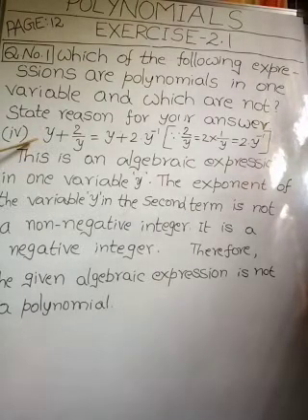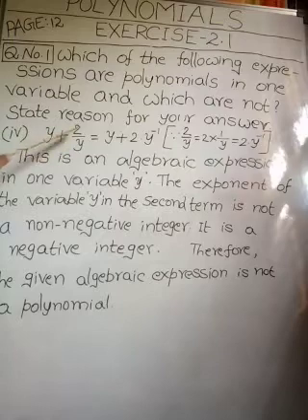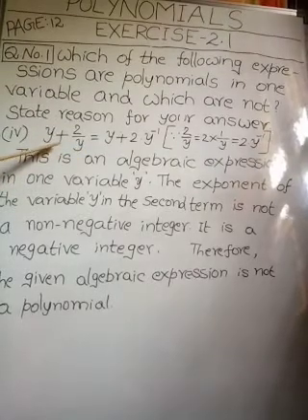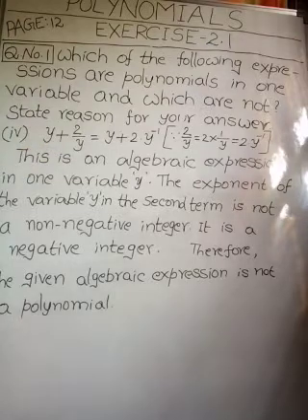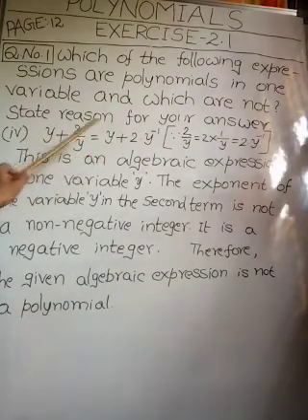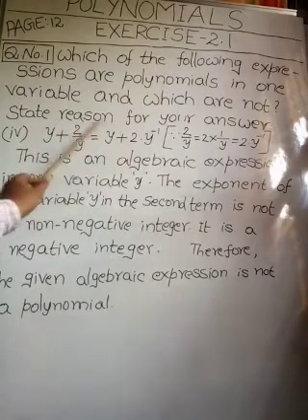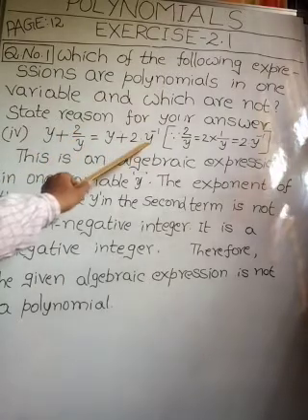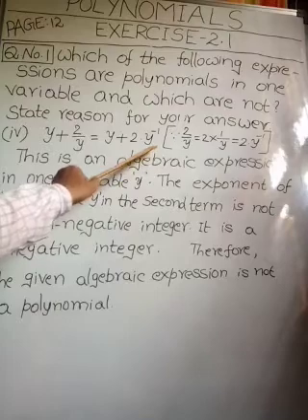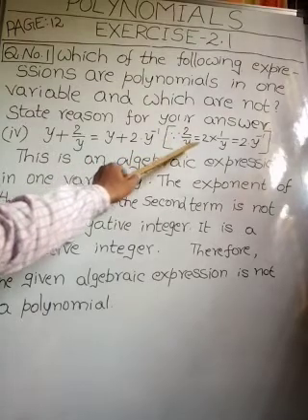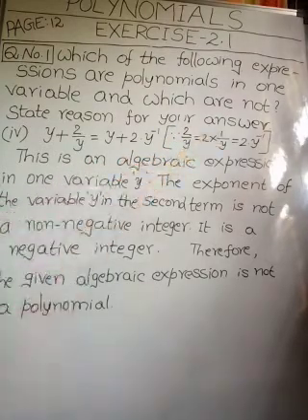Fourth question. Y plus 2 by y. This is a given algebraic expression. We have to check whether this is a polynomial in one variable or not. Okay, my dear children. So I wrote the first term as it is, but I wrote the second term, 2 by y, as 2 into y power minus 1, because 2 by y can be written as 2 into 1 by y.